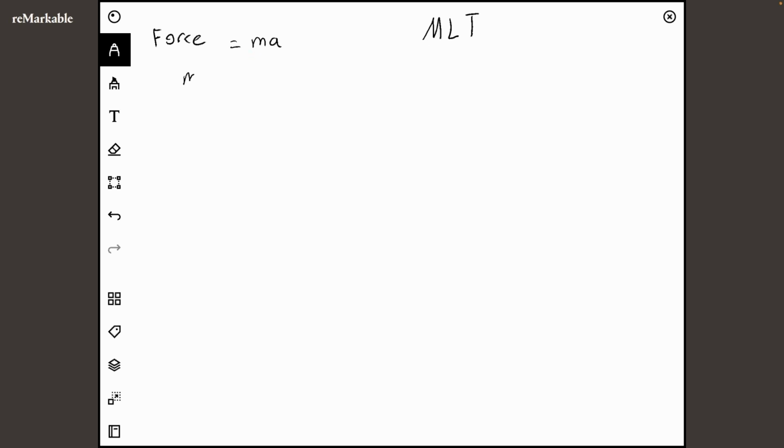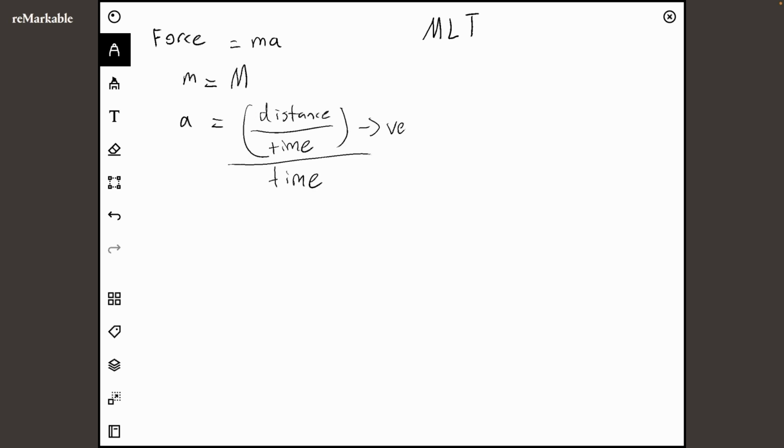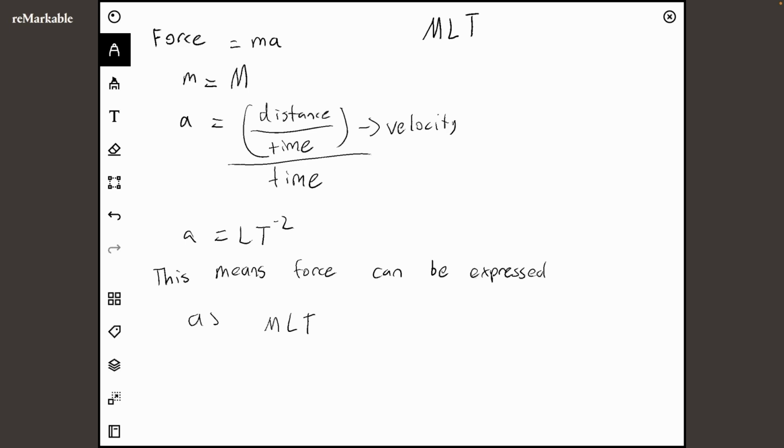Mass is expressed in terms of M, and acceleration is equal to distance over time, which is the velocity, all over the time again. So this means acceleration can be expressed in LT negative 2. This means force can be expressed as MLT negative 2.